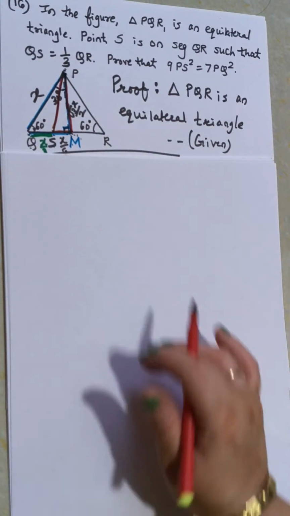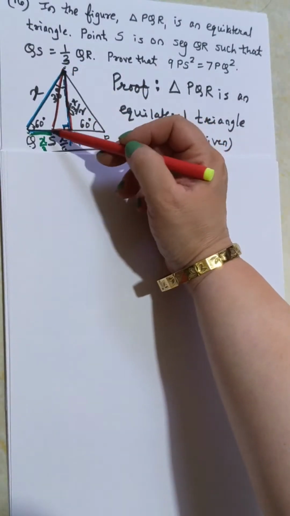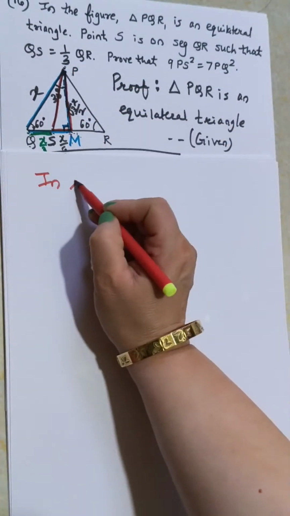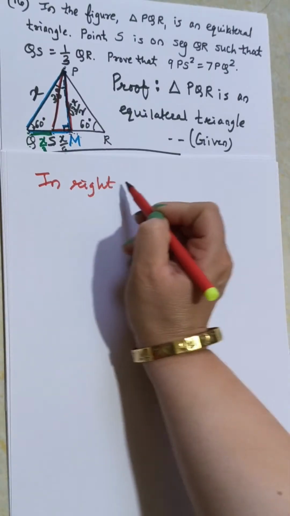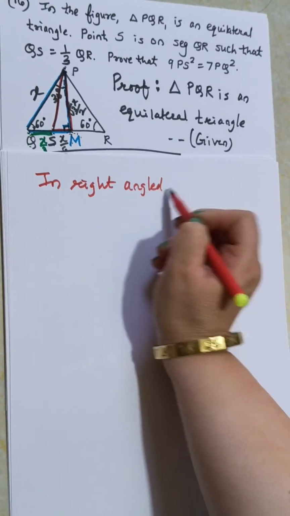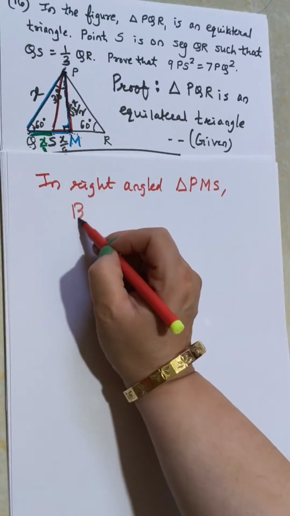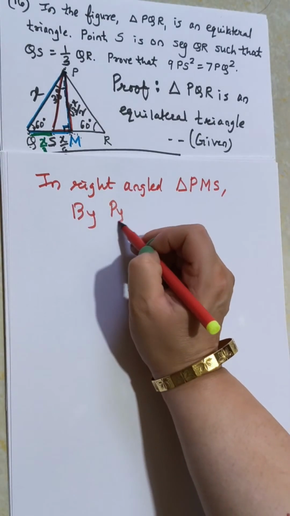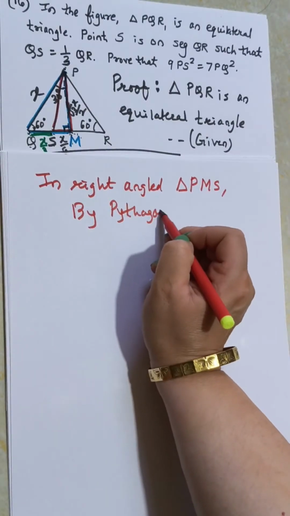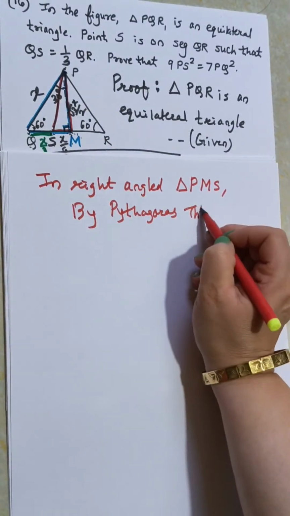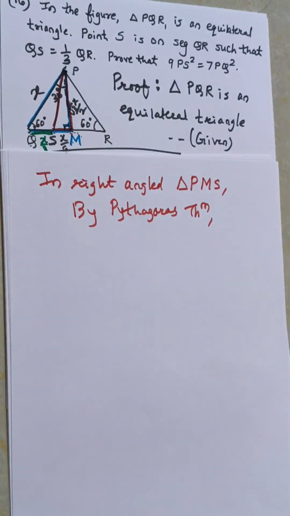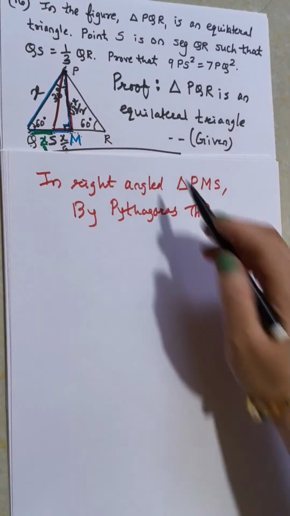Okay, Dhanashri, we are taking right angle triangle PMS, by Pythagoras theorem. So by Pythagoras theorem, what will happen?